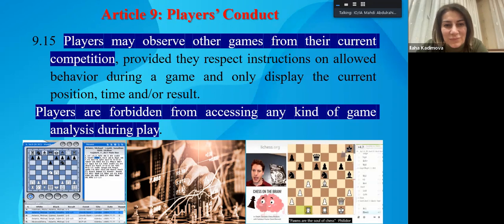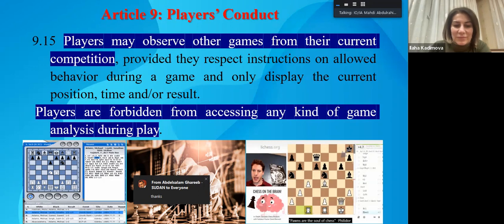In this case, players may observe other games from their current competition, provided they respect the instructions on allowed behavior during the game and only display the current position, time, and result. Players are forbidden from accessing any kind of game analysis during the game.